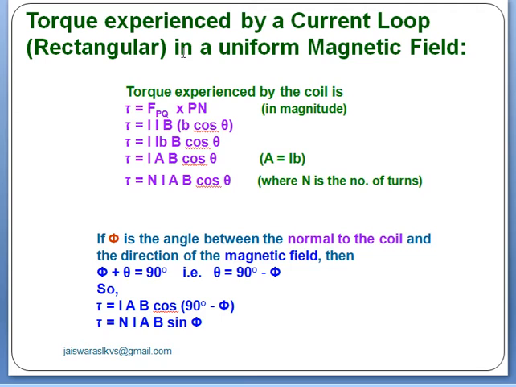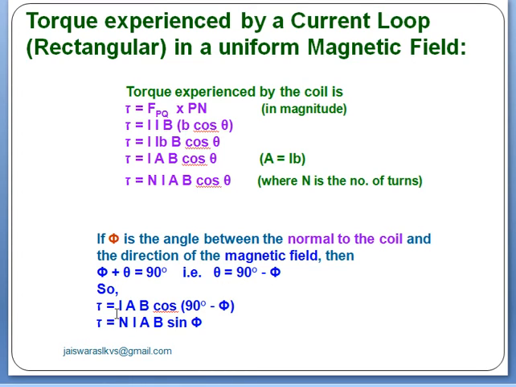Next formula, see, torque experienced by a current loop placed in a uniform magnetic field. What will be the torque? Tau is equals to NiAB cos theta, and if phi is the angle between the normal to the coil and the direction of magnetic field, then phi plus theta is equals to 90 degree, or theta can be written as 90 minus phi.